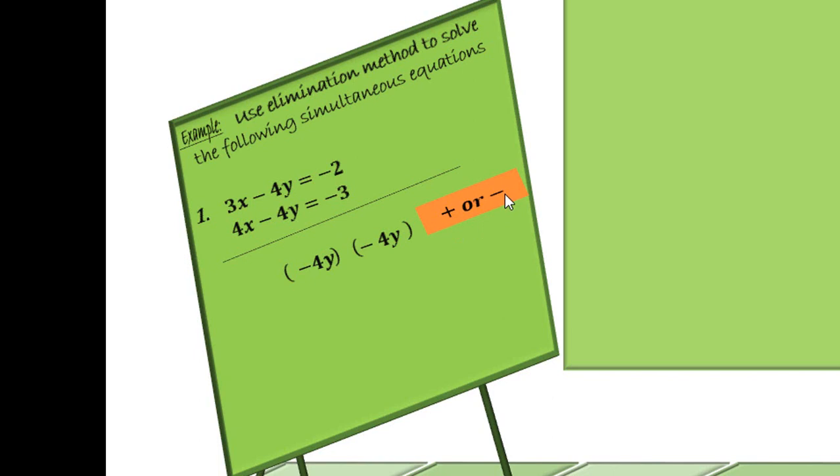Let's use positive first and see what the thing will turn to. That will turn to a minus 4y. Remember in our previous classes, simplifying positive and negative gives negative. So you have negative 4y. Now, negative 4y minus 4y is minus 8y. Does it become 0?